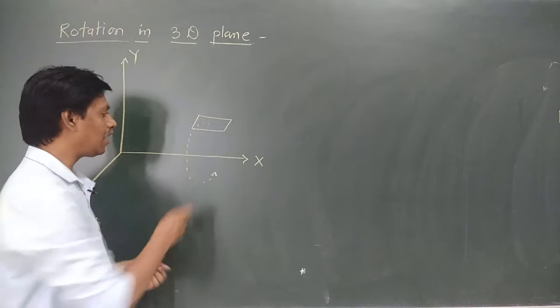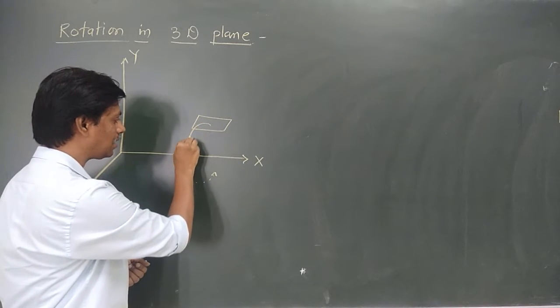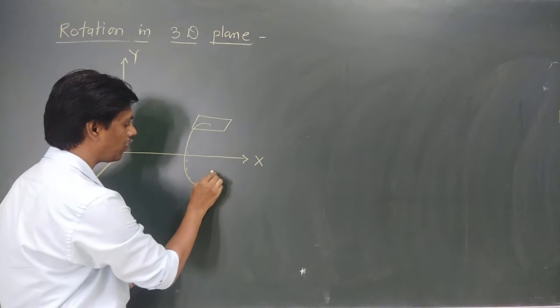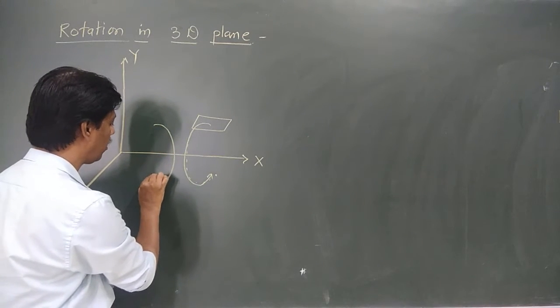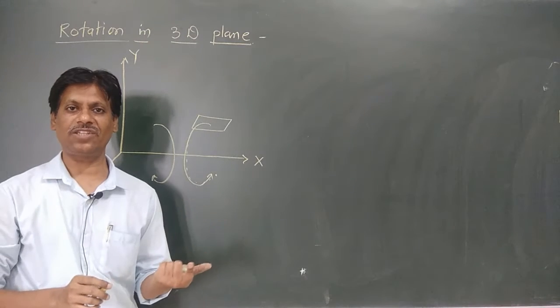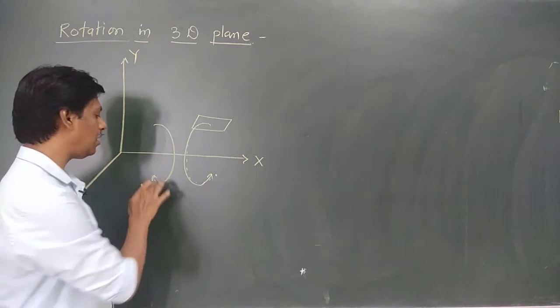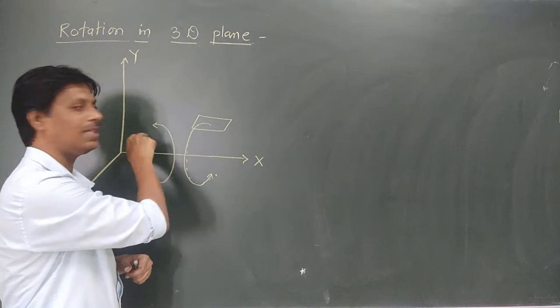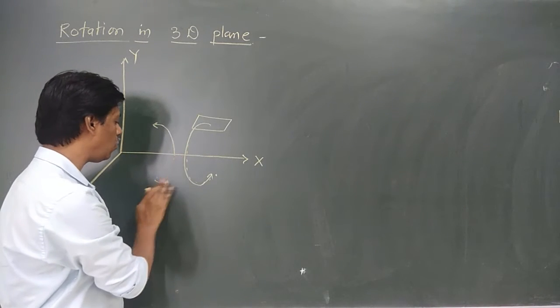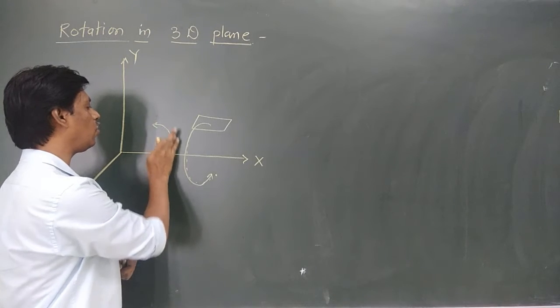Now we can take the rotation about the x-axis either in this direction or in the opposite direction also. So which direction of rotation is a positive rotation? First I'll tell you the positive rotation and then the negative rotation.